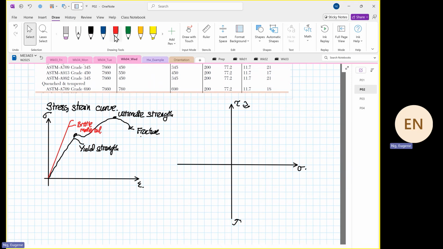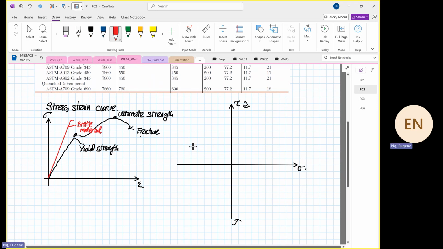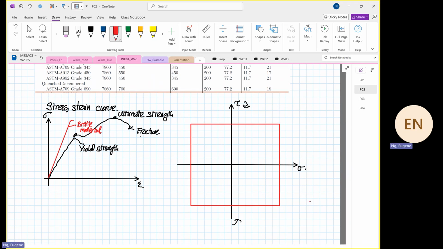This box represents the yield stress, the minus yield stress, the maximum shear line, and the minus maximum shear line.